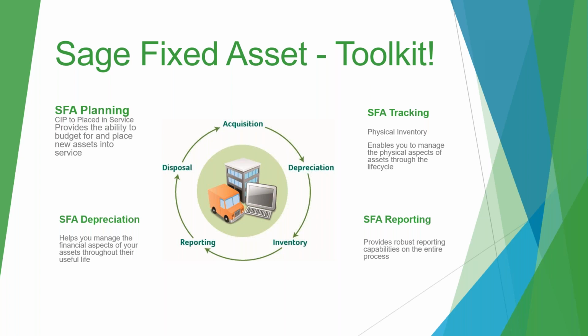The tracking module is for doing physical inventory and reconciliation, and there's a custom reporting feature available that will give you a full version of Crystal Reports 2016, fully integrated into the software and into the database, so you can leverage this, for example, in doing custom reports in the depreciation module, or even in the planning module.